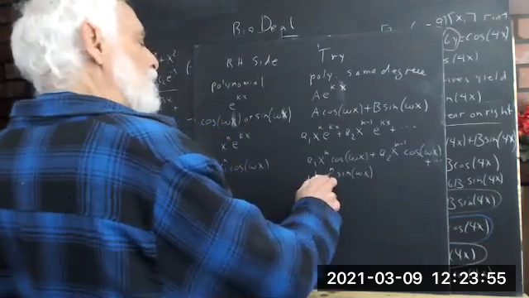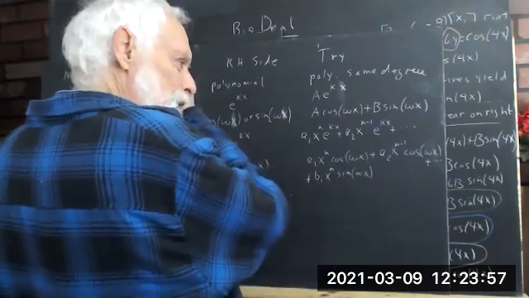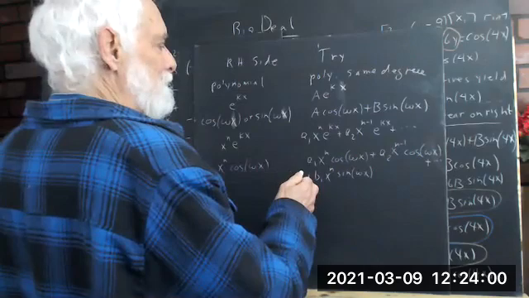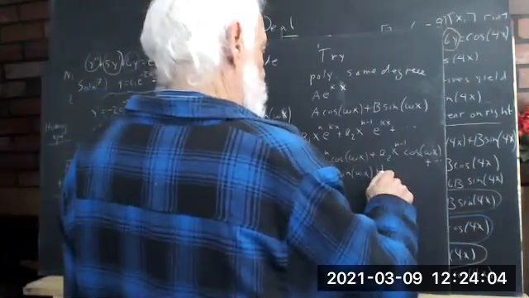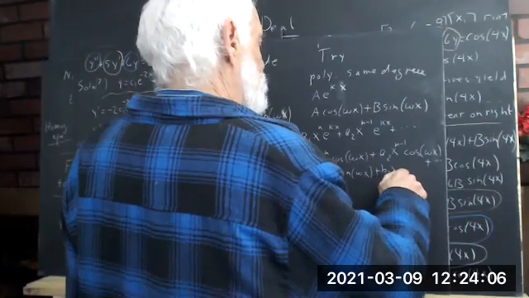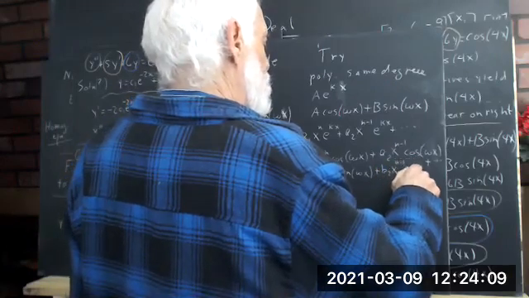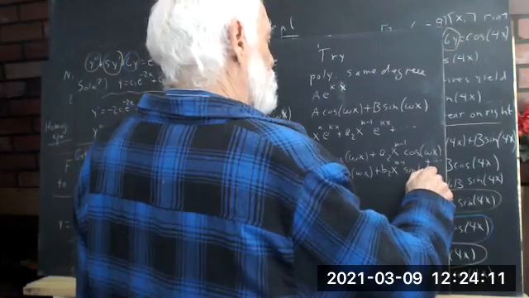They don't really need an x to the n on that sine of omega x because you're never going to, yeah, actually you do, you're going to get one. So forget what I almost said. Plus b2 x to the n minus 1 sine of omega x.